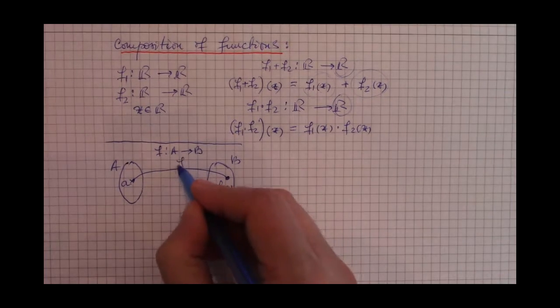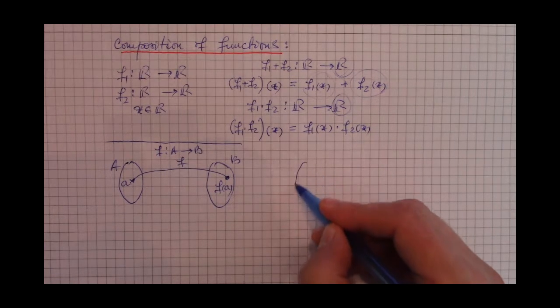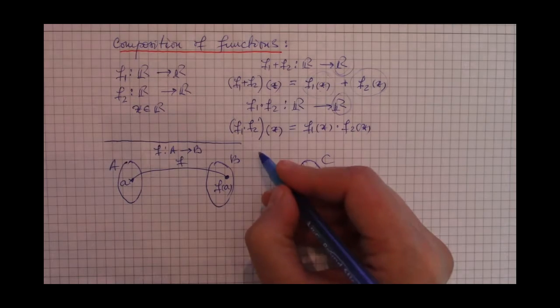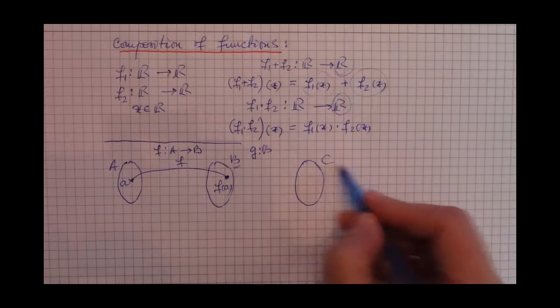So this is what f does. What happens if we've got another set here? Let's call it C, and we've got another function g from B into C.